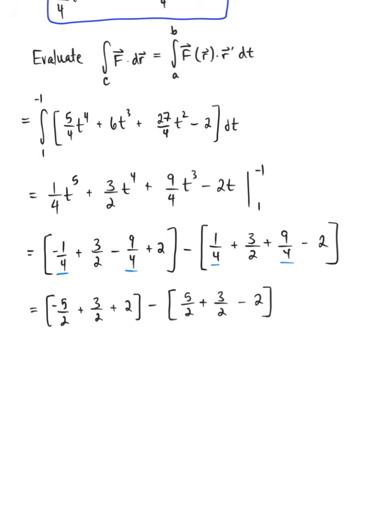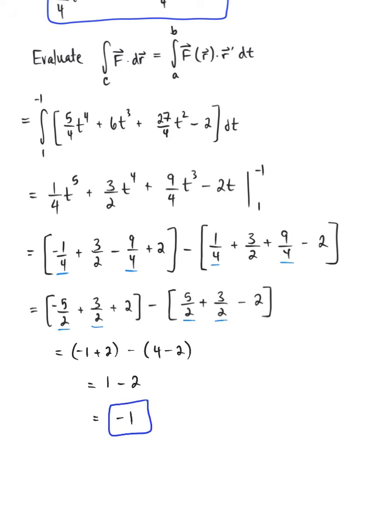And we have even more simplification. We have minus 5/2 plus 3/2. So that's negative 2/2 or minus 1 plus 2 with our first term. Minus, so then we have 5/2 plus 3/2, so 8/2, which gives us 4 minus 2. So we have 1 minus 2, leaving us with a beautiful final answer of negative 1.